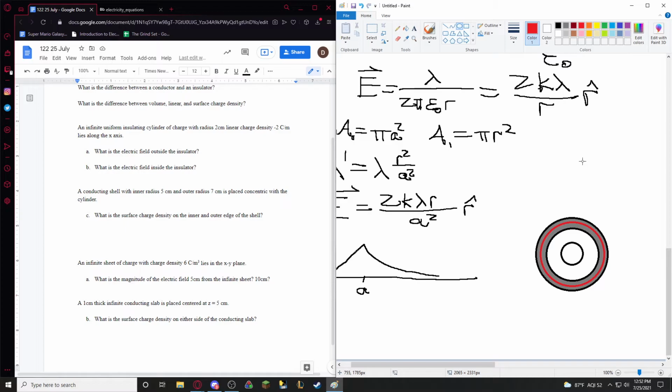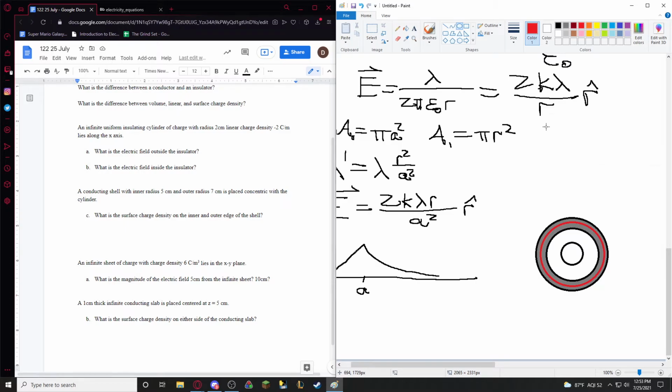The red circle is our Gaussian surface. Electric field is 0 there. What does that mean about the total charge enclosed? Well, it has to equal 0. Exactly. The total charge enclosed has to be 0 for the electric field to be 0.